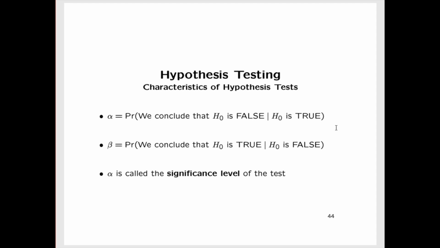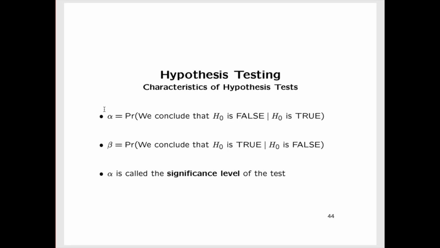And so we acknowledge the possibility of both of those types of errors, and in order to evaluate the quality of an experiment, we need to think about the probabilities of those possibilities. And so that's what we're doing in this slide. We're defining some notation for the probabilities of those events.